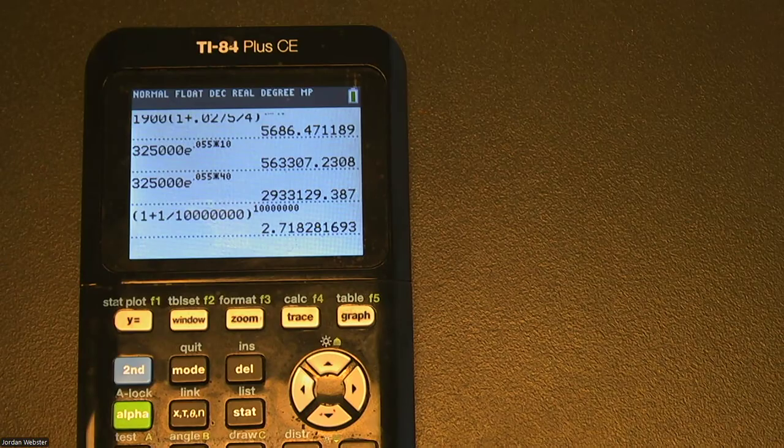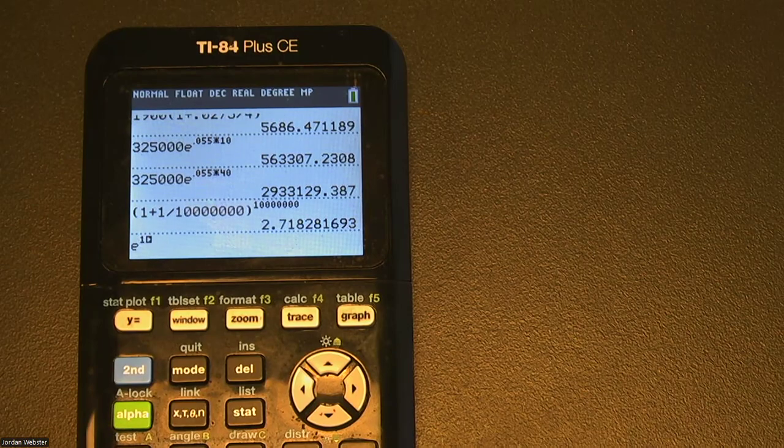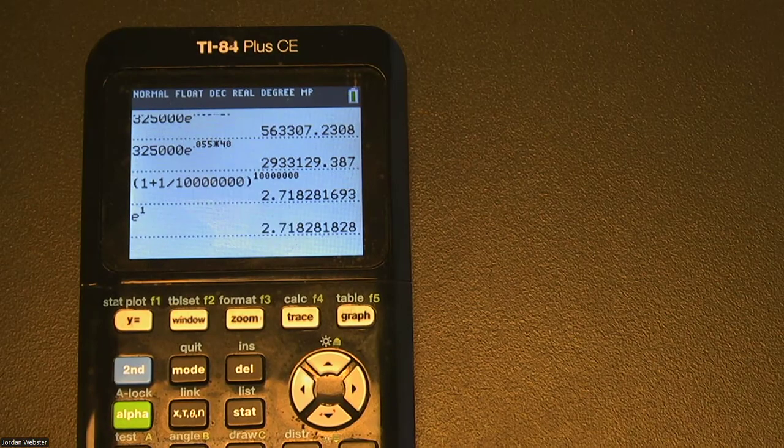Notice what's happening. When you put in a really, really big number for m, you get really close to that value of e. And as you put in bigger and bigger numbers, you're going to get e.